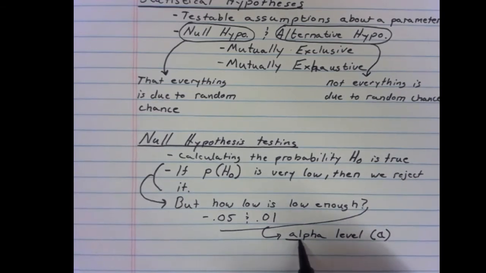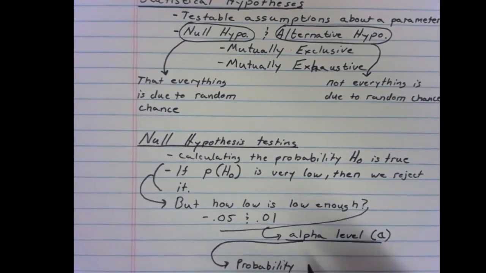And if we formally state it, it is the probability below which we reject the null hypothesis.